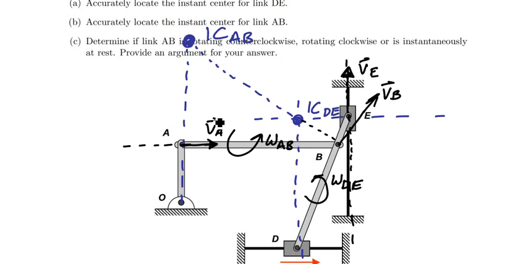And if I use the logic that the velocity of point A is moving to the right, and that the instant center of link AO is at O, then I know omega AO has to be clockwise positive. So we worked our way around this mechanism. We identified the two instant centers we were asked to find, namely IC of AB and DE, and we've determined that the rotation rate of omega AB is counterclockwise positive.